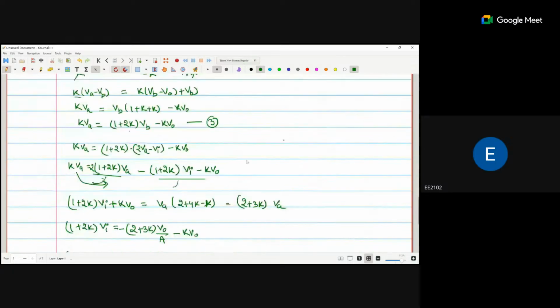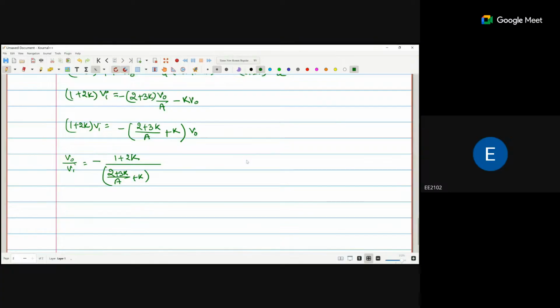Now A is omega u by S. So put it as omega u by S, so minus (1 plus 2K) divided by (K plus (2 plus 3K) S upon omega u).